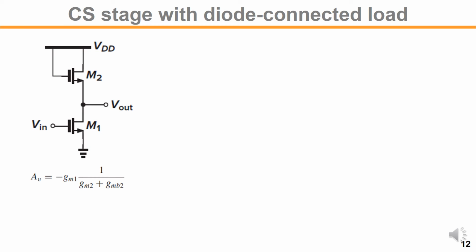If we ignore the body effect, then the overall gain will be gm1 over gm2.